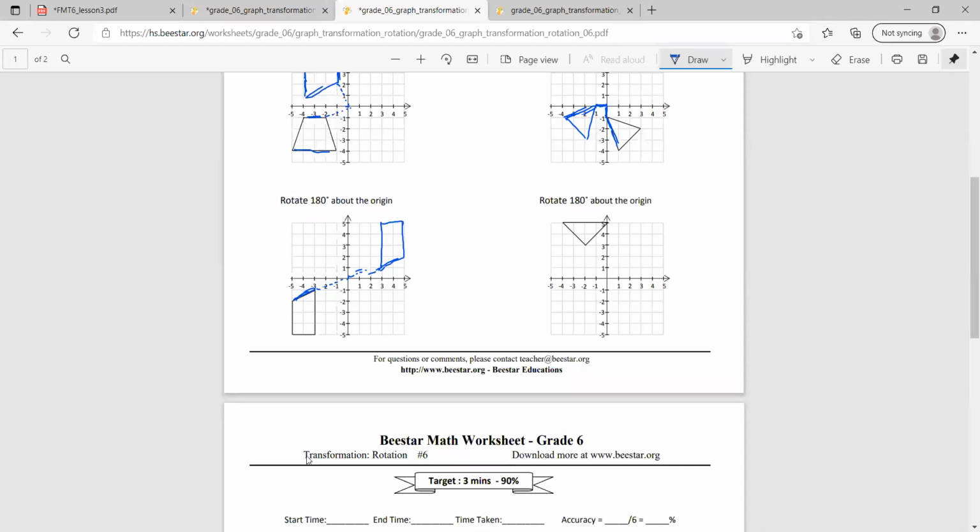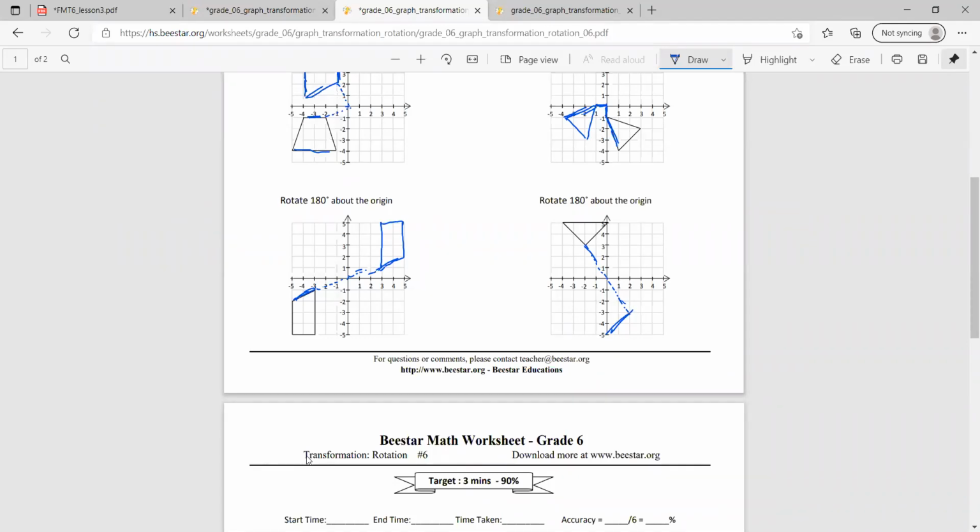Got it? Right. And then for this triangle, it's also 180 degrees about the origin. So we draw this line over here, and then we draw it over here, and then we would just flip this triangle around because this is rotating 180 degrees.